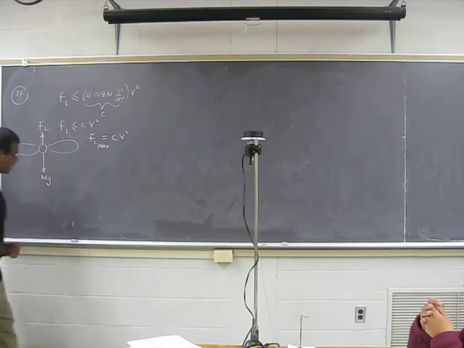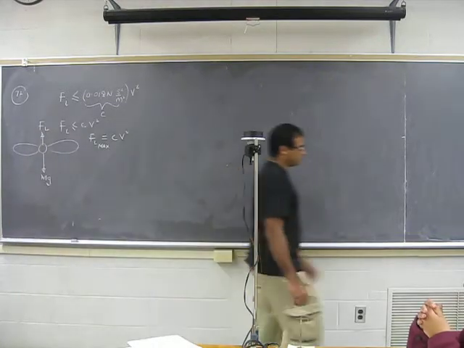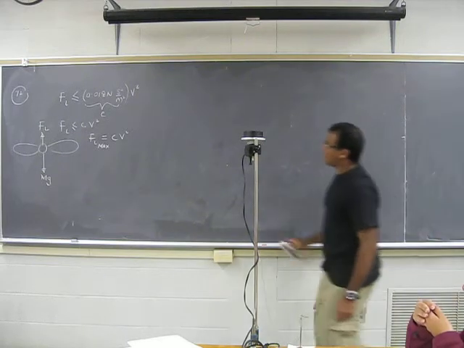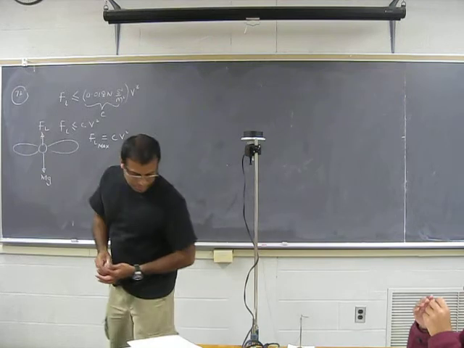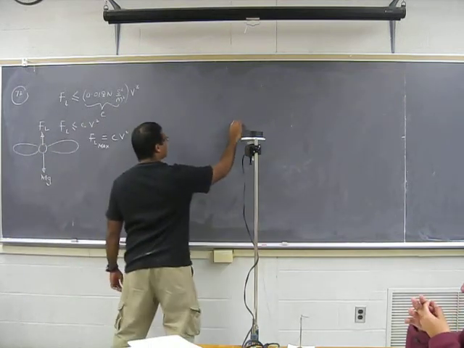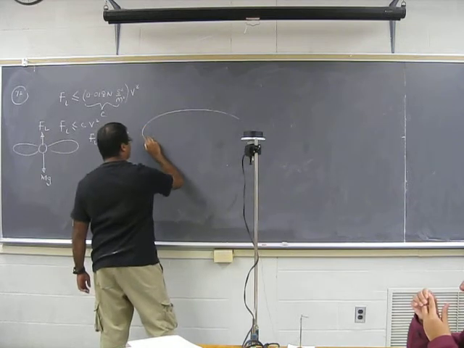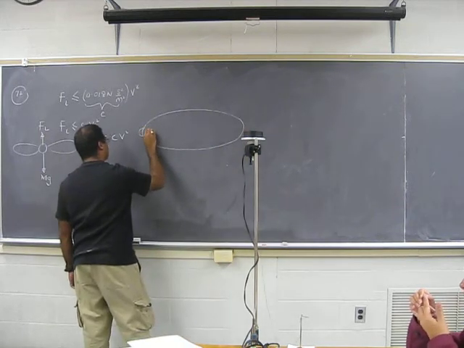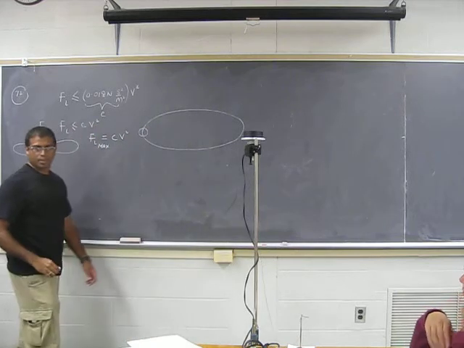So, that being said, let's focus on our problem. Now, we are given that this bat is flying around this circle.